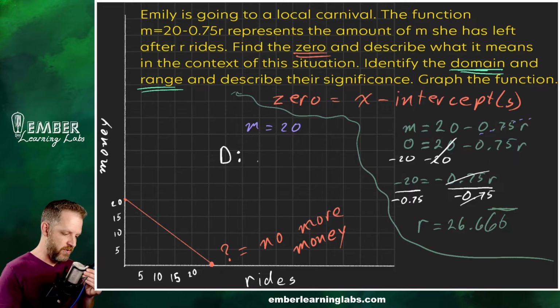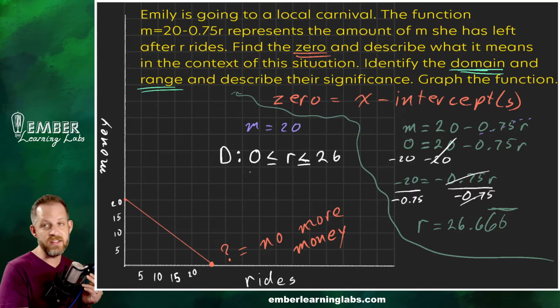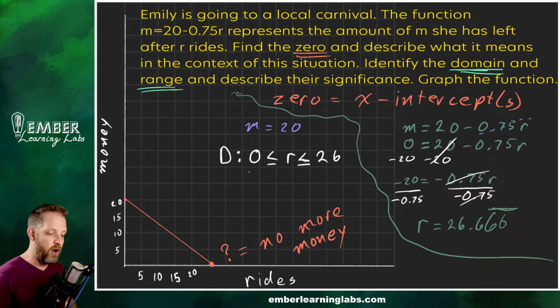So the domain is everything between 0 and 26. She could ride 0 rides if she gets there and decides, nah, I'm done. Or she could ride up to 26 rides.